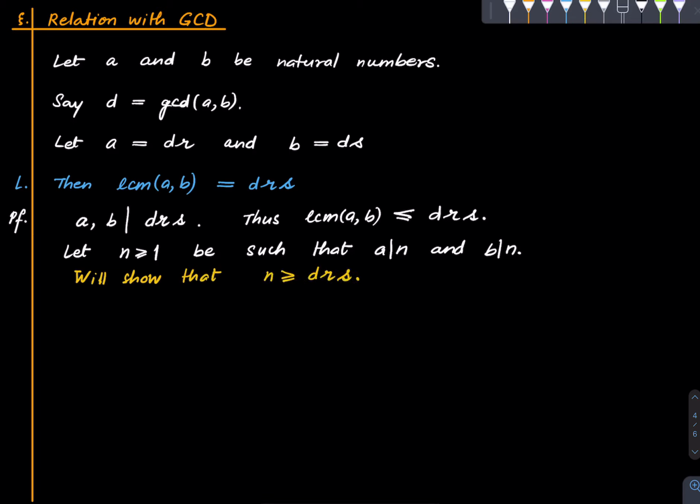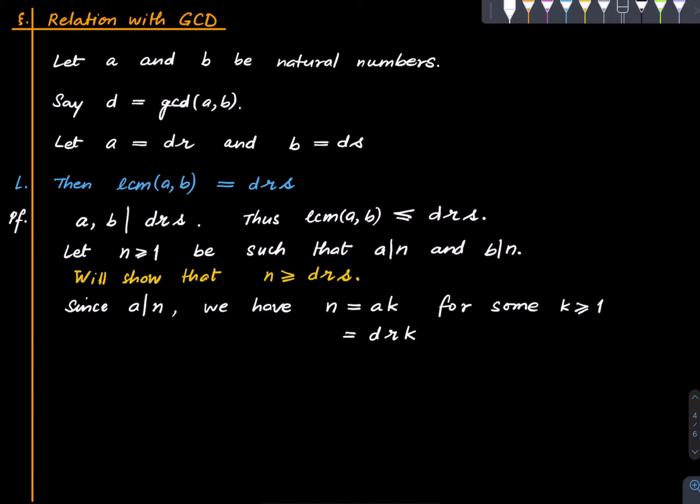This will finish the proof, because then the LCM would be at least drs, as we would have shown that any common multiple is at least drs. And again, very easy. Since a divides n, we have n is equal to ak for some k. So this is equal to drk, because a is equal to d times r.